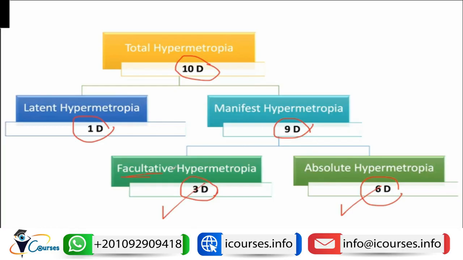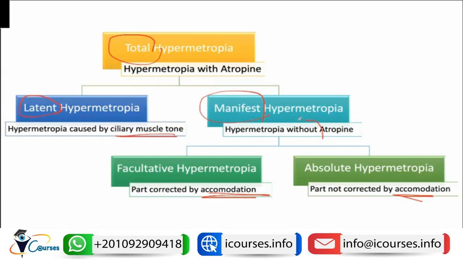Again, the manifest hypermetropia is the hypermetropia without the correction of the ciliary muscle tone, and it can be divided into facultative hypermetropia, which is the part that is corrected by the accommodation, and the part which is not corrected by the accommodation. Please note that the manifest hypermetropia is the hypermetropia which is present without atropine.